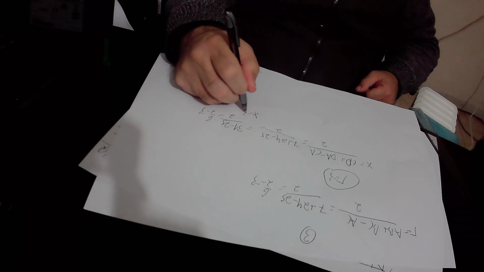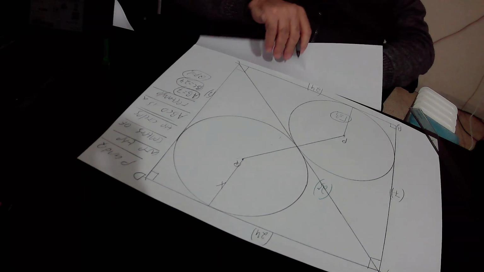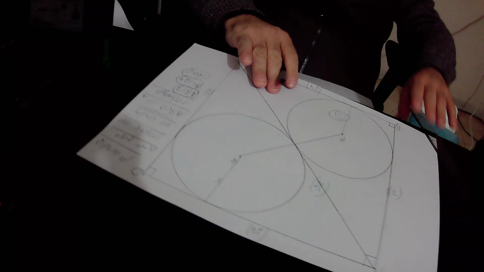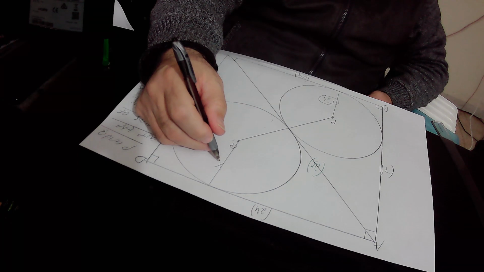So X equals 3. So the radii of those two circles are both equal to 3 units in their lengths. So here X equals 3 units.